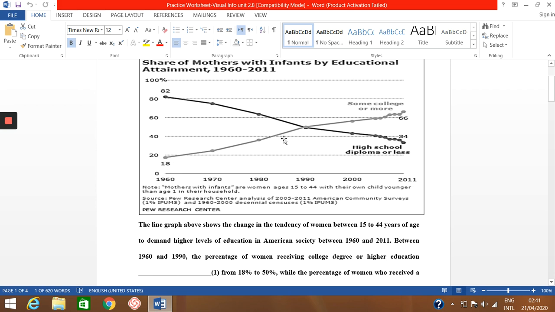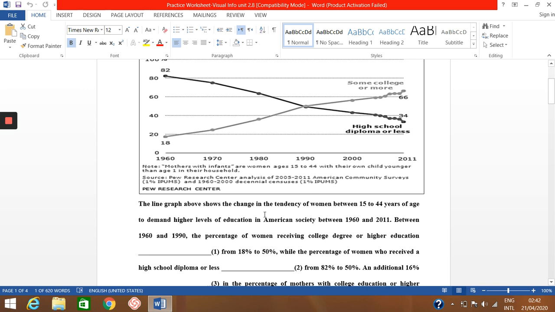Of course, in addition, you may need some other function words for completing or giving more information about the trends, like using adjectives and adverbs, as we're going to see here later on. So, let's start with the text here. The text starts by saying, the line graph above shows.